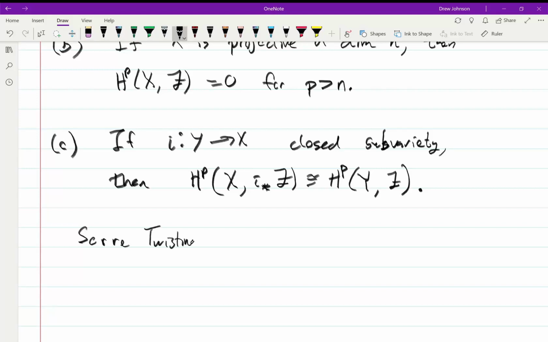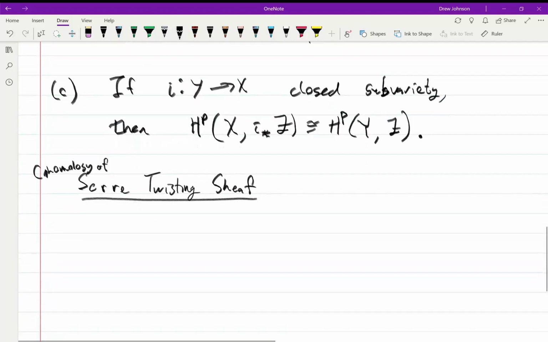For example, we've seen using the Euler sequence how you can get the cotangent bundle from Serre twisting sheaves. So over there, I'm going to give you the cohomology of the Serre twisting sheaves. All right, so here's part A.